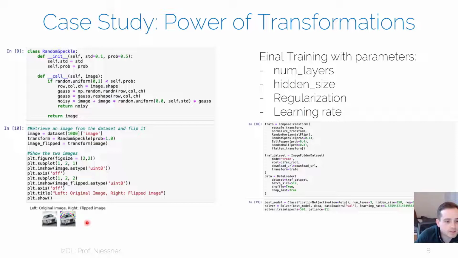Here you can also see the hyperparameters that the student used. They have the probabilities for each kind of noise, and they used a hidden size of 258, some regularization coefficient that they found, and 3 layers. And they were able to get 57 or 58% with this one.